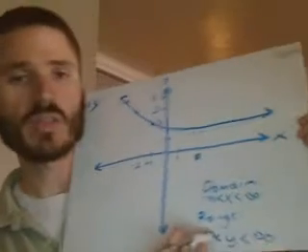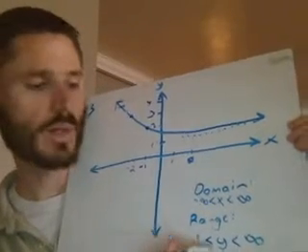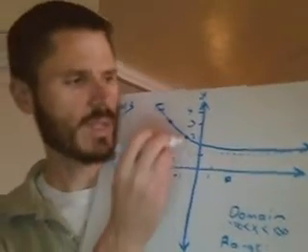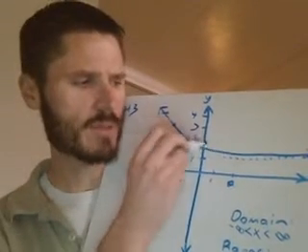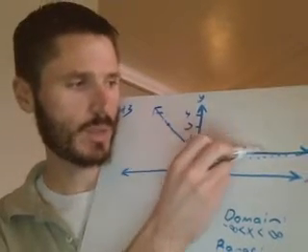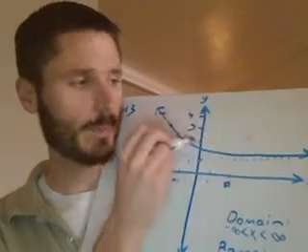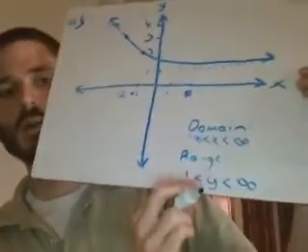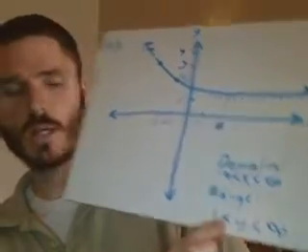Notice I used the less than sign with the 1 and not the less than or equal to sign, because if you look real closely, the graph comes really, really close to 1 for the output, but it doesn't actually reach it. So that's why I chose to use the less than sign.